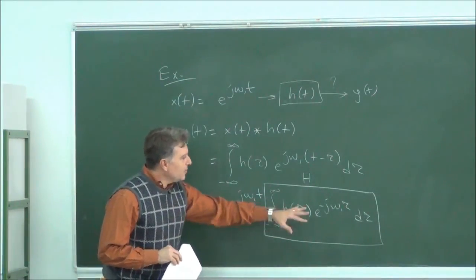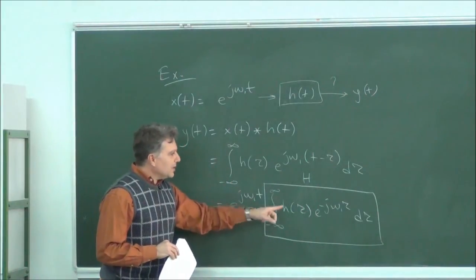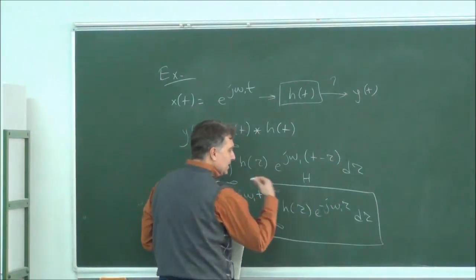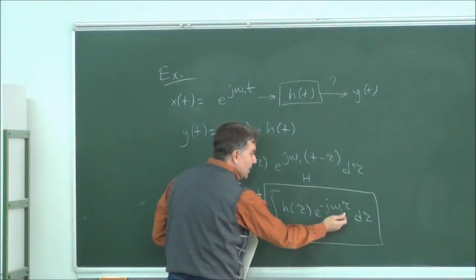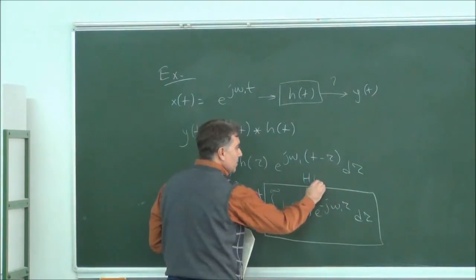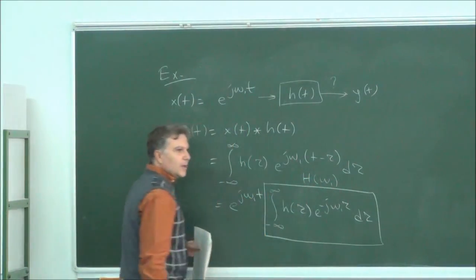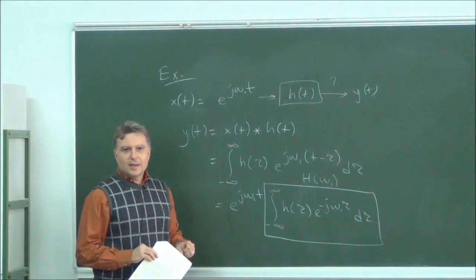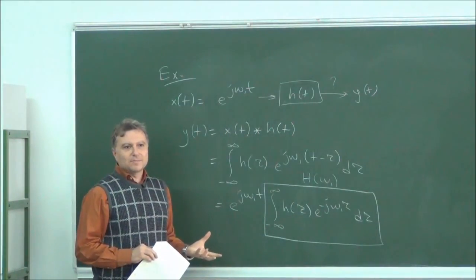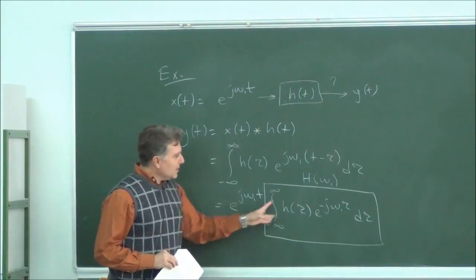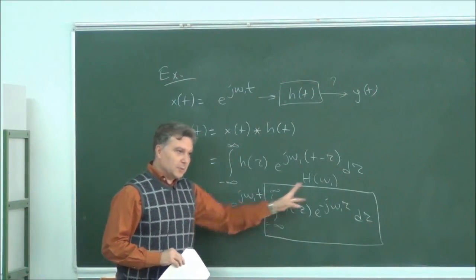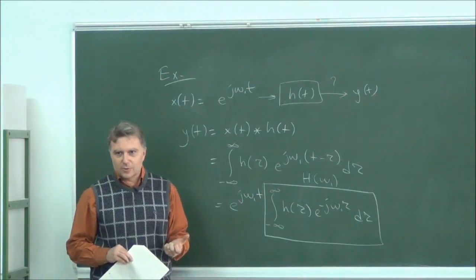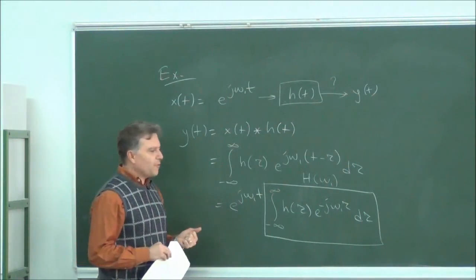All the tau values are integrated out, but it varies with changing omega 1. This thing is indeed a function of omega 1. If you change omega 1, this integral will be different. If you change it again, it will be different again, with a different numerical value. It's a complex valued function of omega.